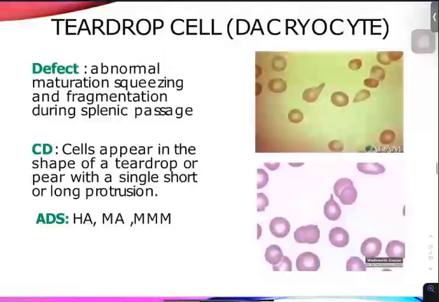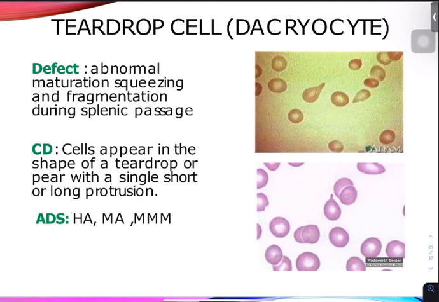Okay. Next is your dacryocyte or teardrop cell. This is abnormal squeezing and fragmentation during splenic passage. Pag sinabi splenic passage, pag dumadaan na sila sa spleen, okay, nagkakaroon na sila ng membrane defect kasi hindi nila masyado ma-squeeze yung mga sarili nila and they cannot go back into their discoid shape.